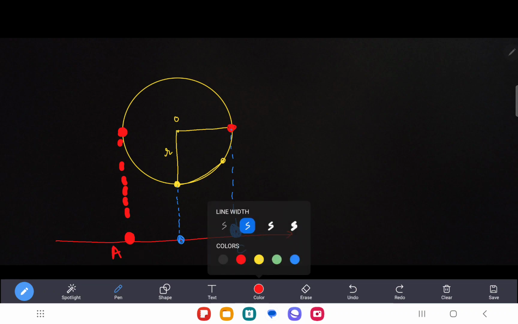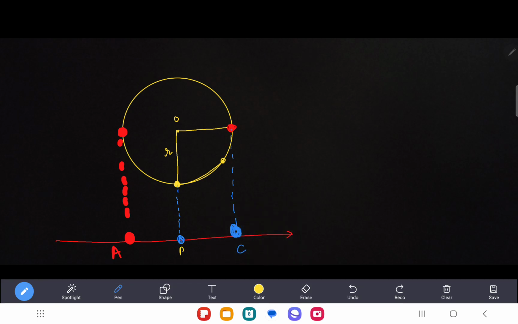So this maximum distance in between which the bob B is moving is called the amplitude of the SHM, the body undergoing SHM. That means this distance from B to C is called the amplitude.